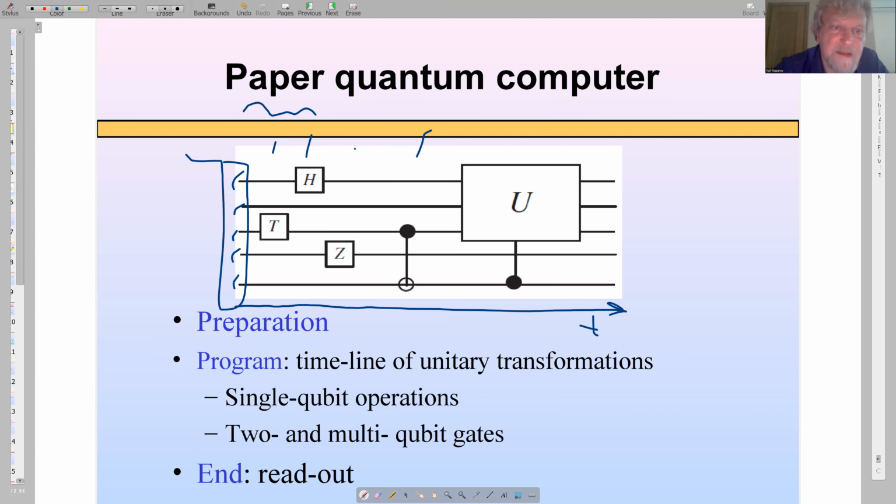So look, these operations only affect the corresponding qubits. This operation, as the symbol suggests, affects two qubits. This operation actually shows that the state of this qubit is affected by the state of all these three qubits.